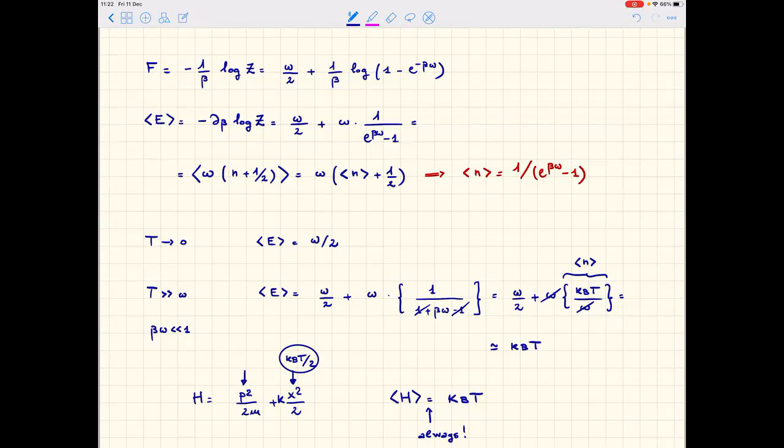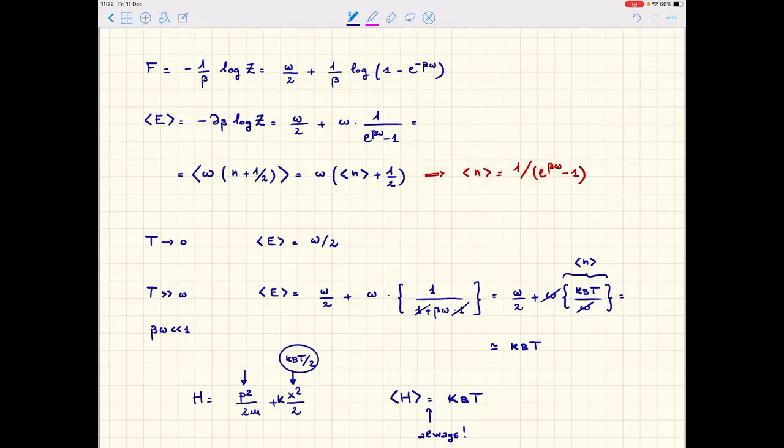Okay? You see that in quantum mechanics, this is not always true. It's true only in one limit, the limit in which the temperature is much, much larger than the frequency of your oscillator. Why?